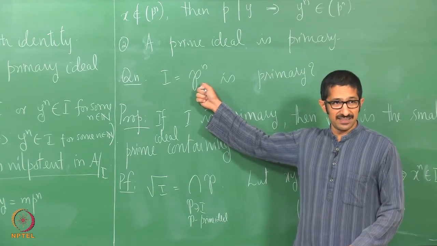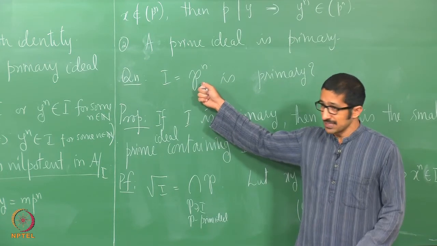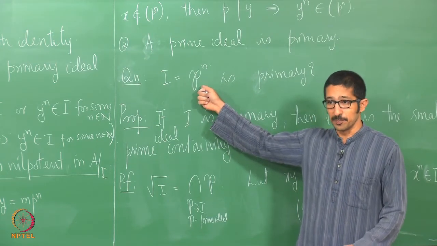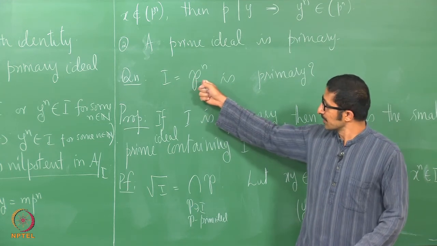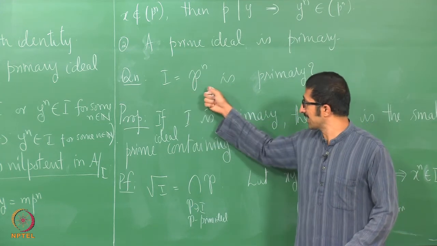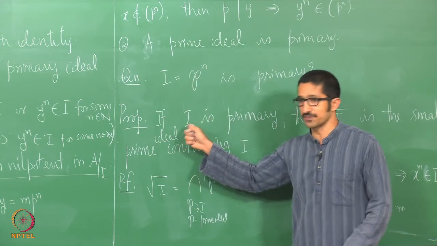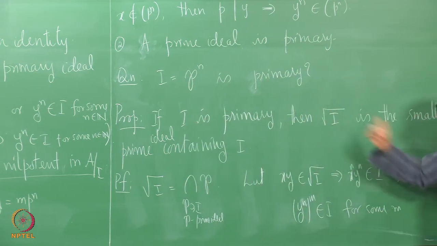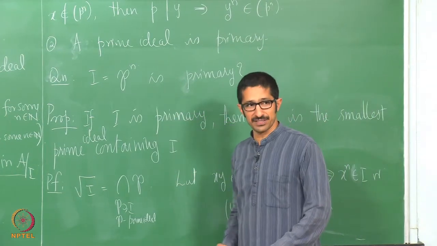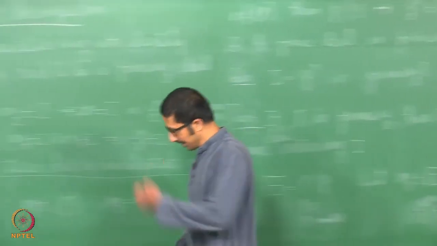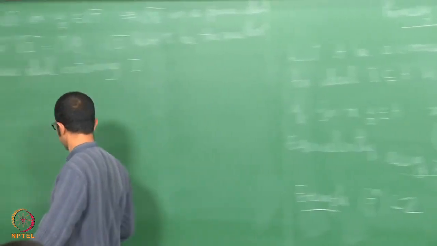Now let us look at this question. P^n is an ideal whose radical is P. So this question asks if the converse of this is true: that the radical is a prime ideal, can we say that I is primary or not? Unfortunately this is not true.